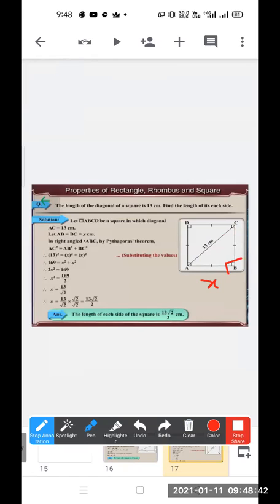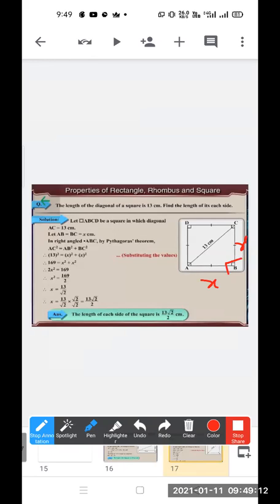Now AC is given 13, and the other two sides we have taken x. Hypotenuse square is equal to the sum of the squares of the remaining sides. Here AC is the hypotenuse, so 13 square is equal to x square plus x square, because in a square all four sides are congruent.